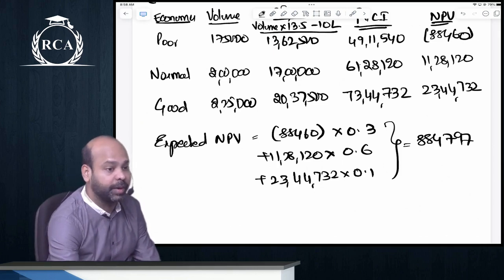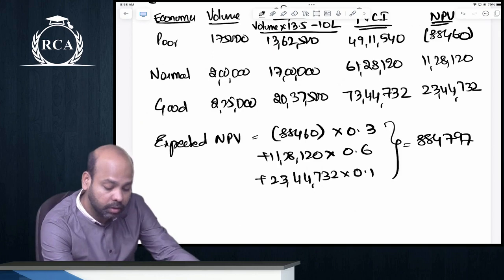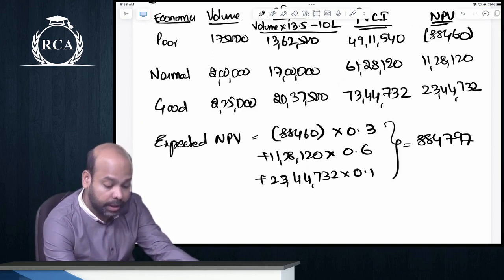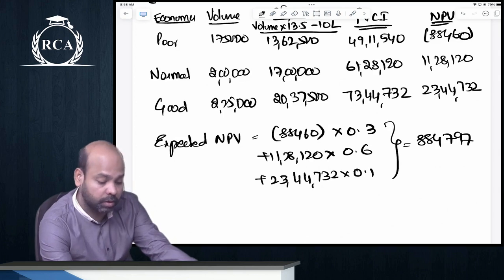सबका यहाँ तक हो गया expected NPV तक? Write down. The acceptable level of risk is 20%.